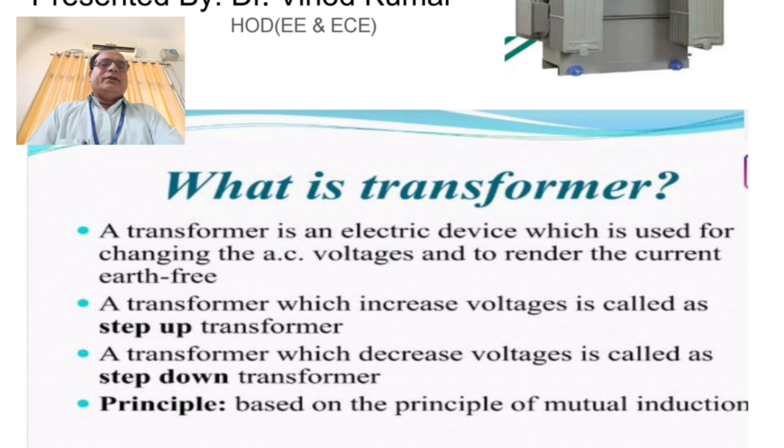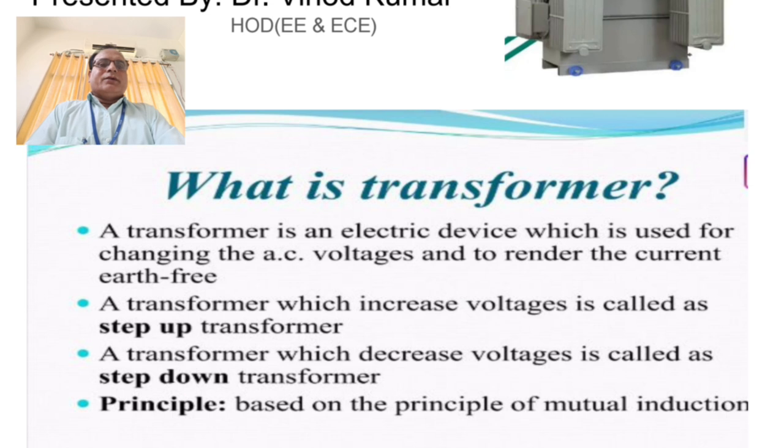In other words, when E2 is greater than E1, it is known as a step up transformer. Then V2 is also greater than V1. In the step up transformer, the output voltage is always greater than the primary voltage because the number of turns in the secondary winding is large as compared to the primary winding.